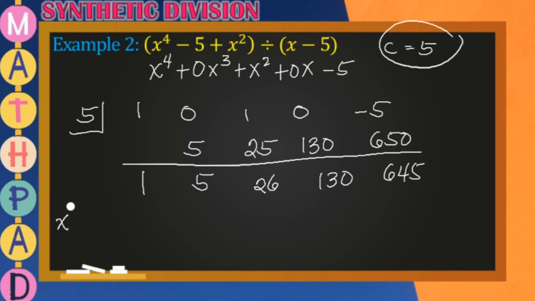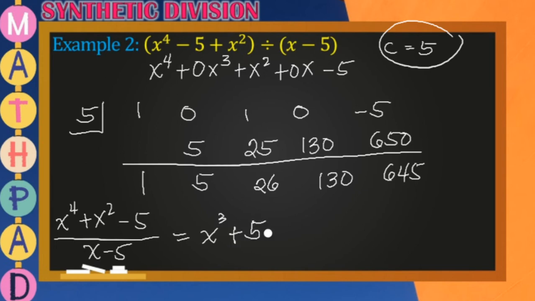Now, let us write the quotient. So, dividend first, x raised to 4. Then, plus x squared minus 5 over the divisor, x minus 5. And that's equal to, so 1 here. So, hindi na natin nilalagay yung 1 na coefficient. We just write x. Then, 4 minus 1 is 3. Diba? Then, decreasing power tayo. So, we have 5. Kung 3 yun, next ay yung 2.